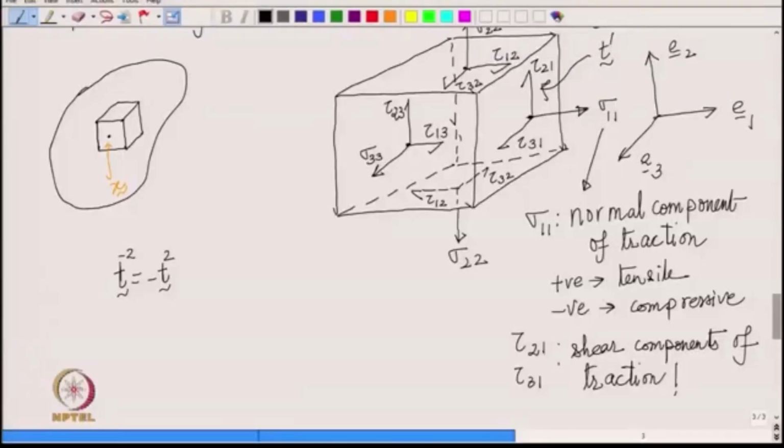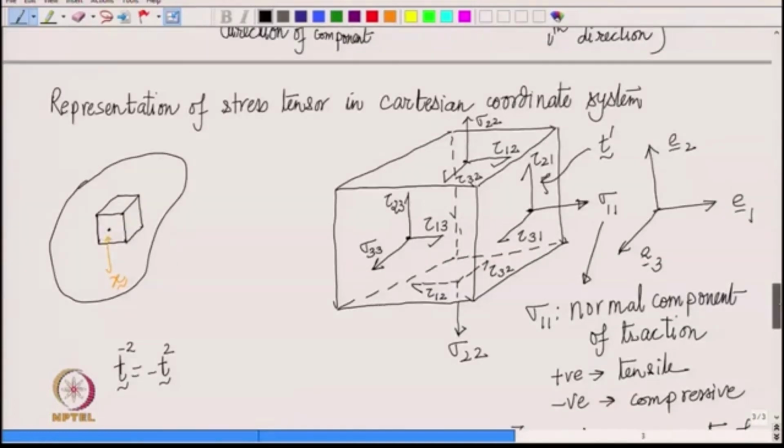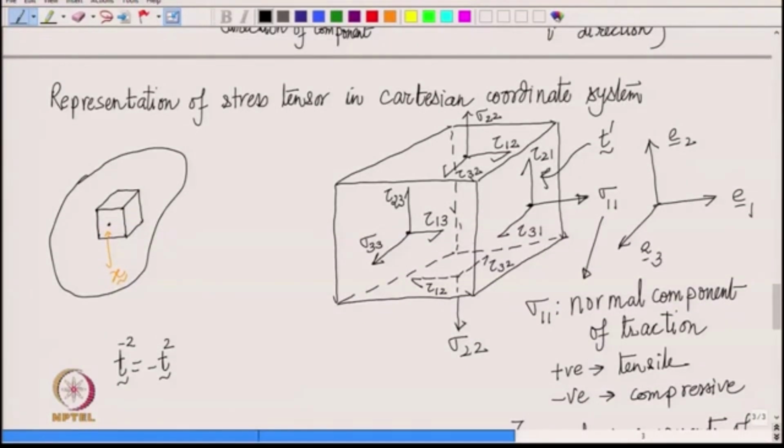What we should keep in mind is that the 6 planes that we have here are not all passing through the same point x. On the left hand side of the picture, we wanted to find out the stress matrix at the point x.